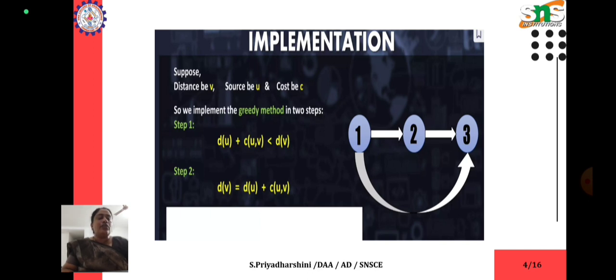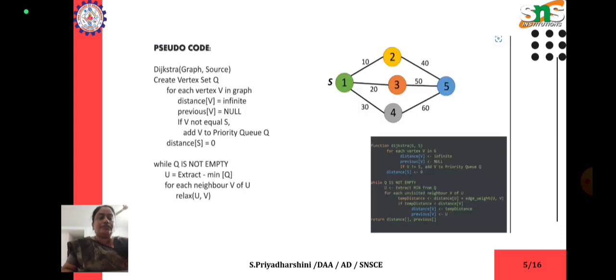In step 2, you have to find the distance of the destination node, so that is equal to D of U plus C of U comma V. So there is a small pseudocode given. Dijkstra takes a graph comma source as input. You have to set vertex queue Q; for each vertex v in graph, distance should be infinite and previous should be null. If v is not the source, you have to add priority to Q, otherwise distance would be 0. While Q is not empty, you have to extract minimum of Q, and for each neighbor v of u, you have to relax u comma v.